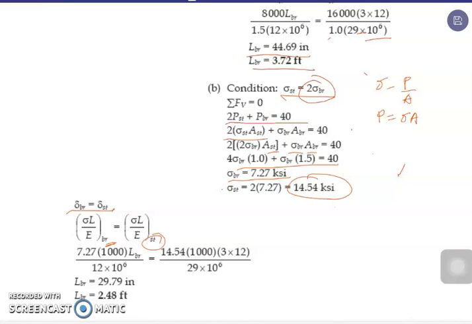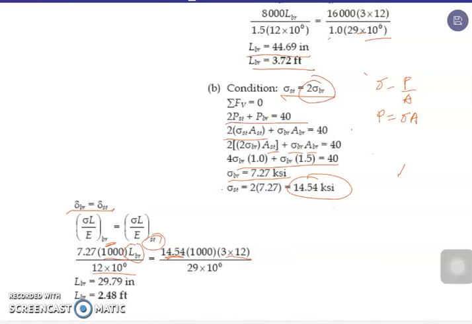We simply have to substitute the value for the stress of the bronze, multiplied by 1000, times the unknown length of the bronze all over our E, which is 12 times 10 to the 6th, equal to the stress on the steel, which we have computed as 14.54, times 1000, times the length, which we have converted from feet to inches, all over our E, which is 29 times 10 to the 6th.